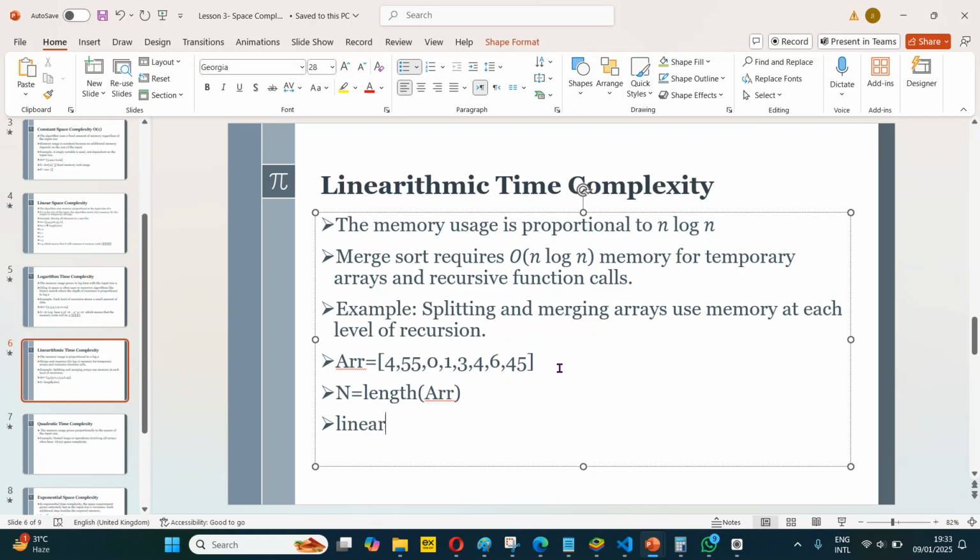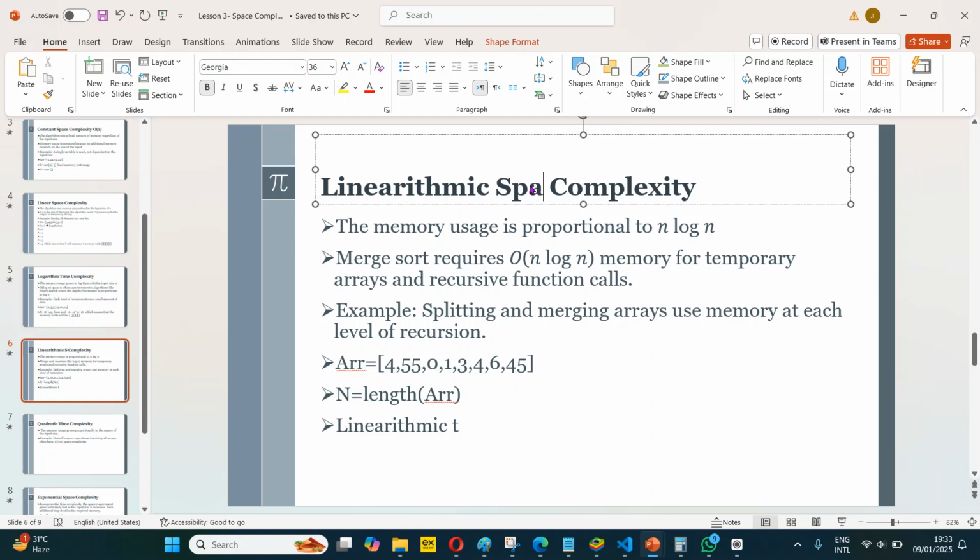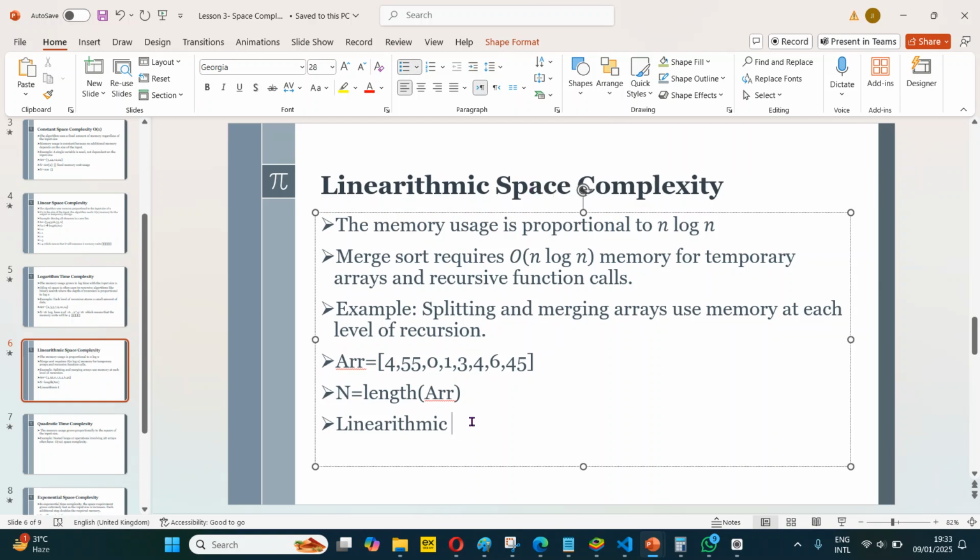So the linear arithmetic space complexity, sorry, is equal to n log n, right? Remember it's n log n. So n times the log of base 2 of 8.